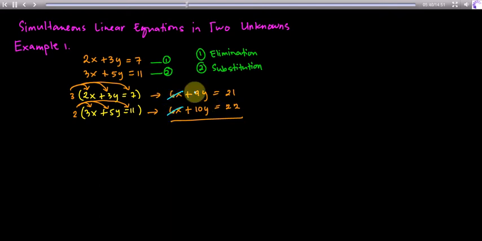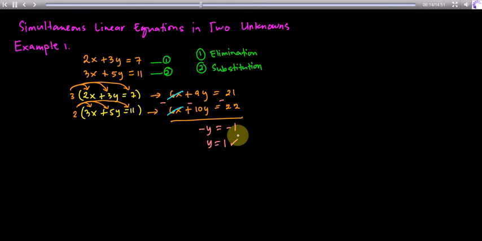We write on the bottom: 9y minus 10y, so this is negative y, equals 21 minus 22 is negative 1. So in this equation, it is easy for us to solve for y. So y is just 1.